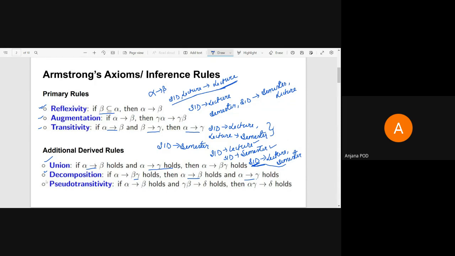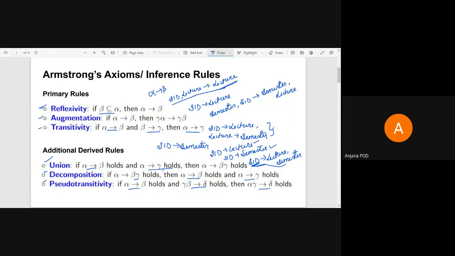Then we have the last rule, pseudo transitivity, which states that if alpha determines beta holds and gamma beta determines sigma holds, then by pseudo transitivity we can say that alpha gamma determines sigma holds.